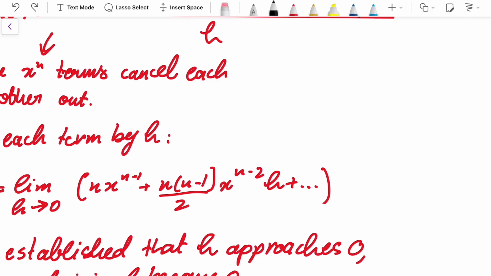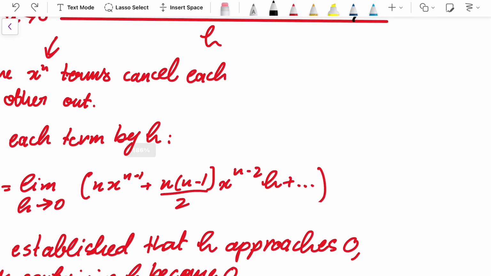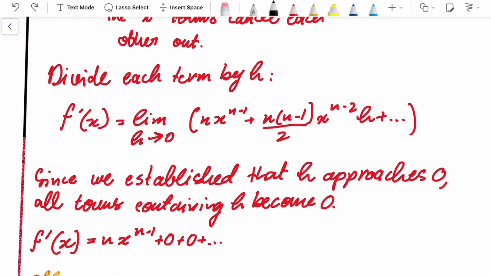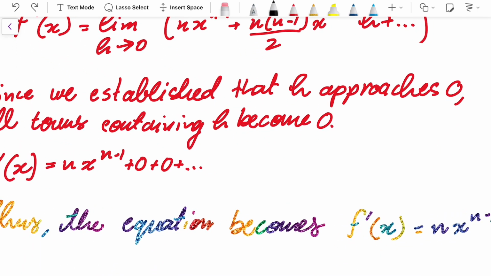So what this really means, we know that h is approaching 0. Now if we want to get rid of the h, we can go back to what we said, that all of it is basically 0. Since it's infinitely close to 0, let's just say it's 0.